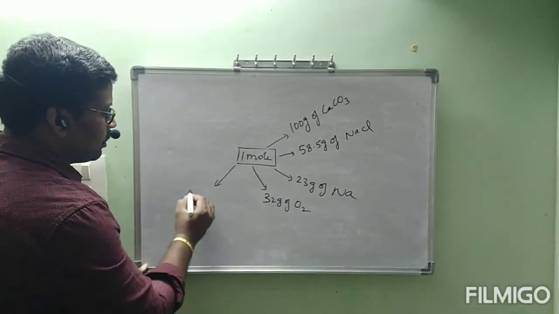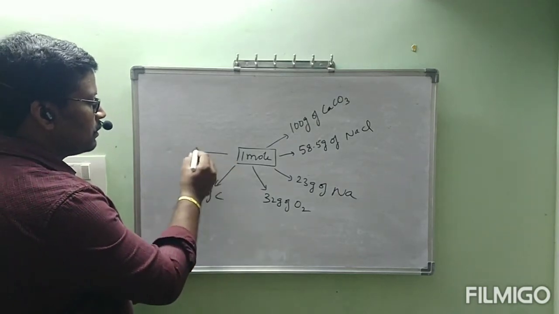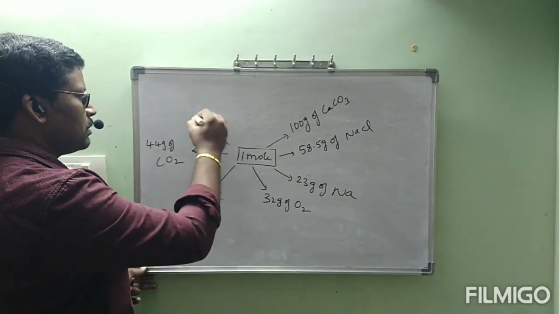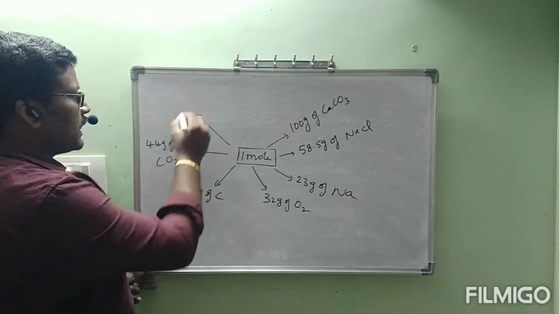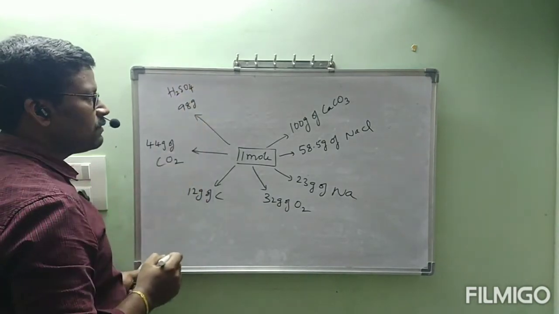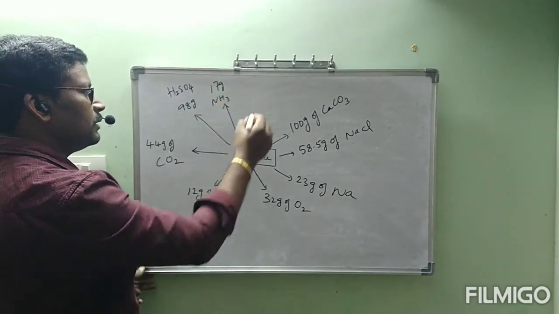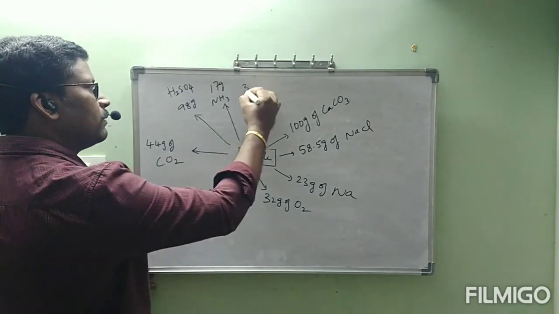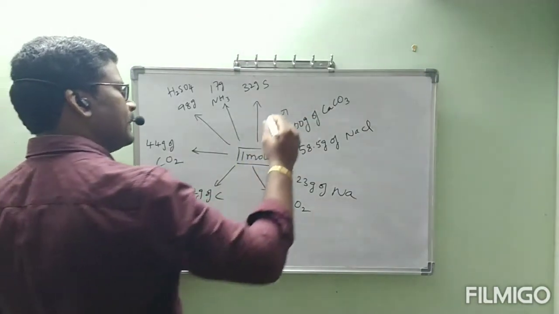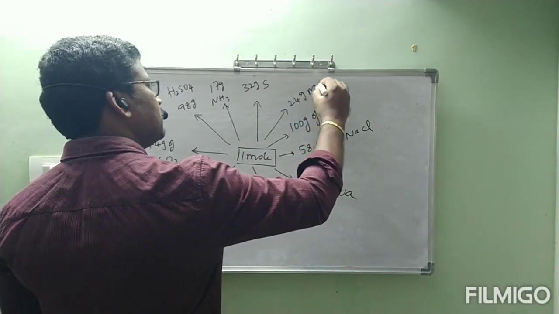Next, 12 grams of carbon. 1 mole of carbon weighs 12 grams. 44 grams of CO2. 98 grams of H2SO4. 17 grams NH3. 32 grams sulfur. 24 grams magnesium.